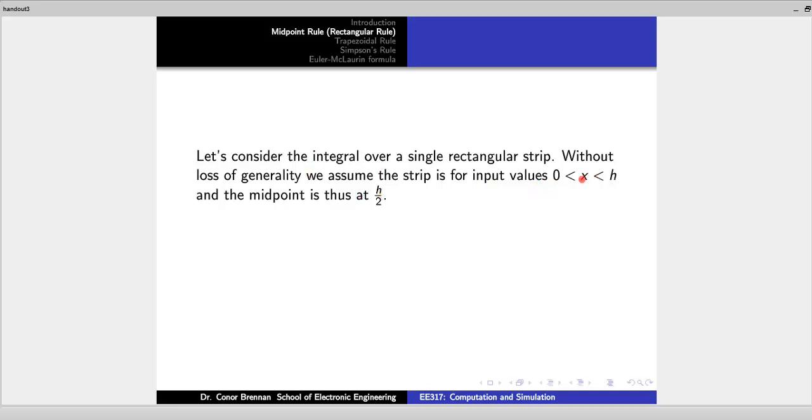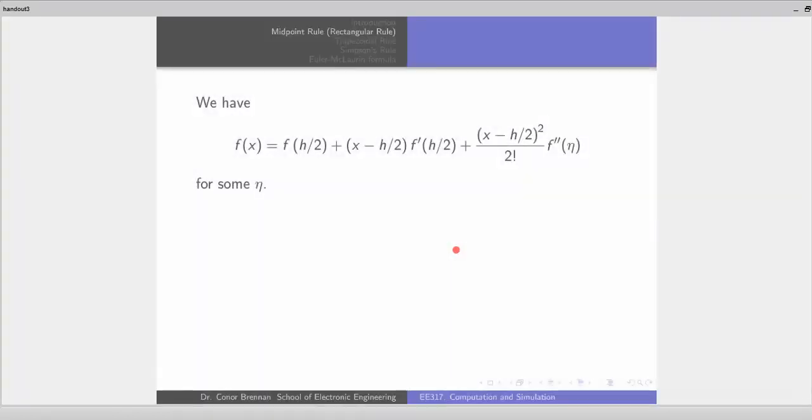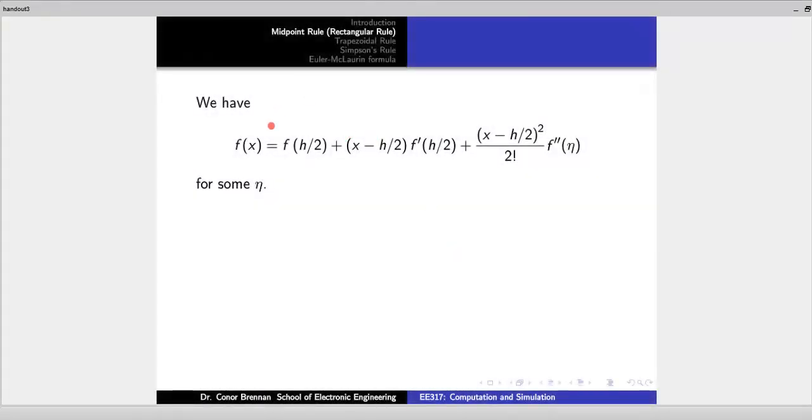Let's assume the strip goes from 0 to h, and the midpoint therefore is h over 2. So we would like to do the integral over this strip from 0 to h of f of x, and the midpoint rule says that it is approximately equal to the value at the midpoint multiplied by h, and we'd like to work out how good an approximation that is.